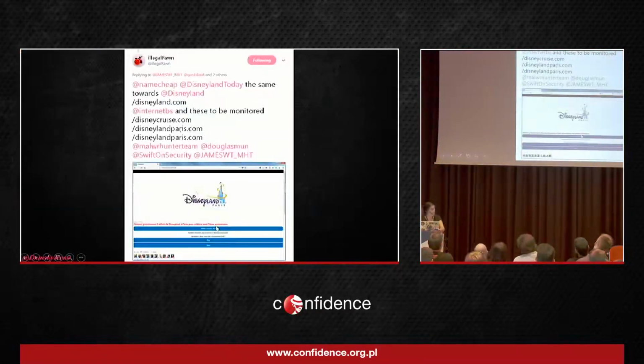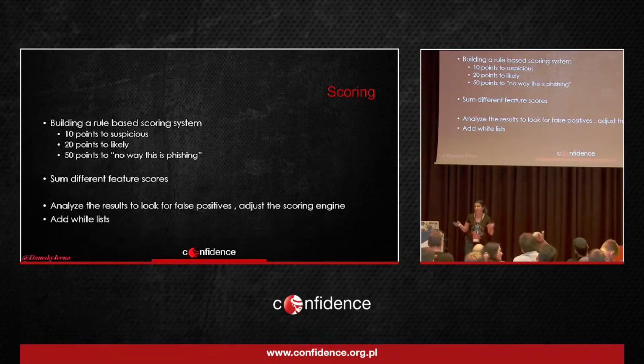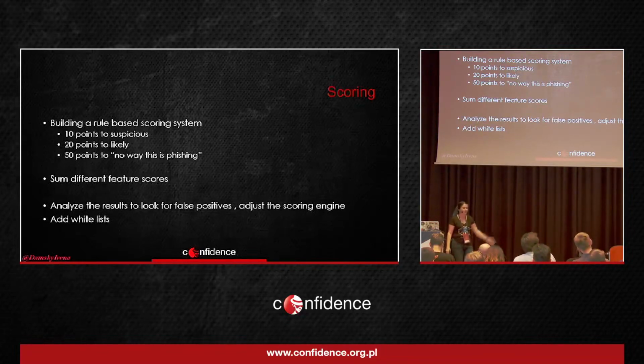So, once you get all those scoring features, you should give those some sort of a score. You can give the suspicious ones like 10 points, the likely ones you give 20 points. The category of there is no way in hell that's not phishing will get 50. And then you sum those and you get a score, and suddenly you just look at the results and like, yeah, this is phishing.